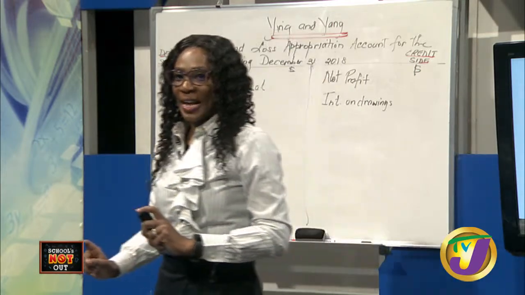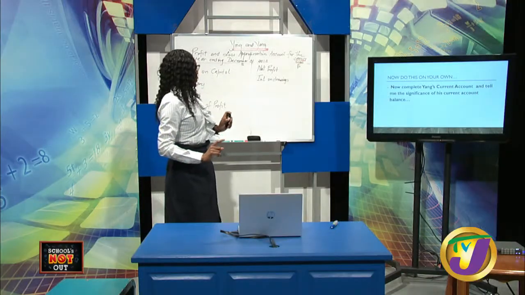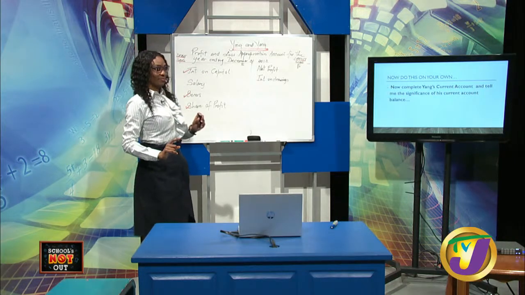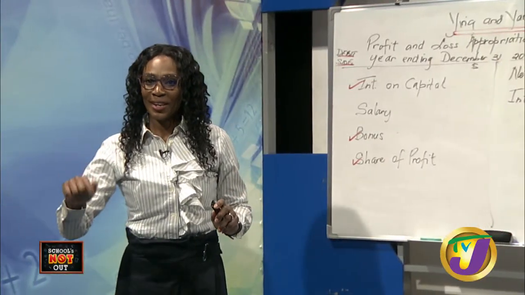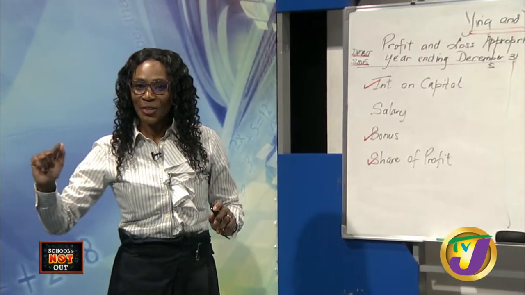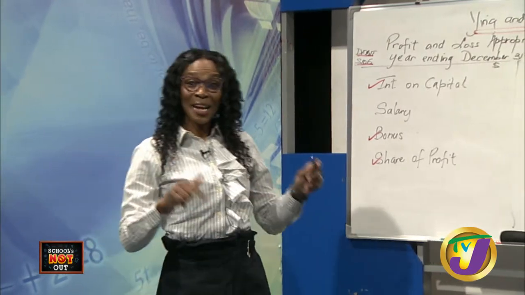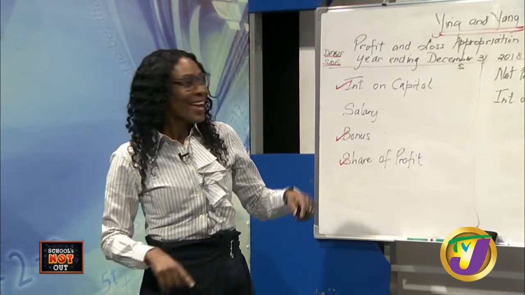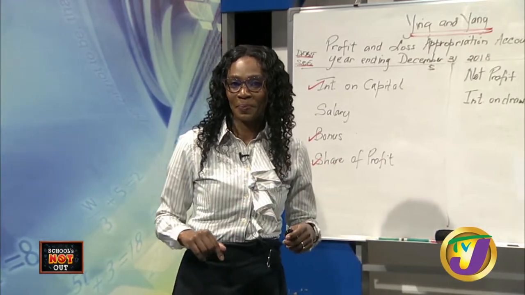So let's just go to the whiteboard a little. You use your eyes and write down what are the items that are going to fall on Yang's credit side. Good. Then write down the items that are going to fall on Yang's debit side.